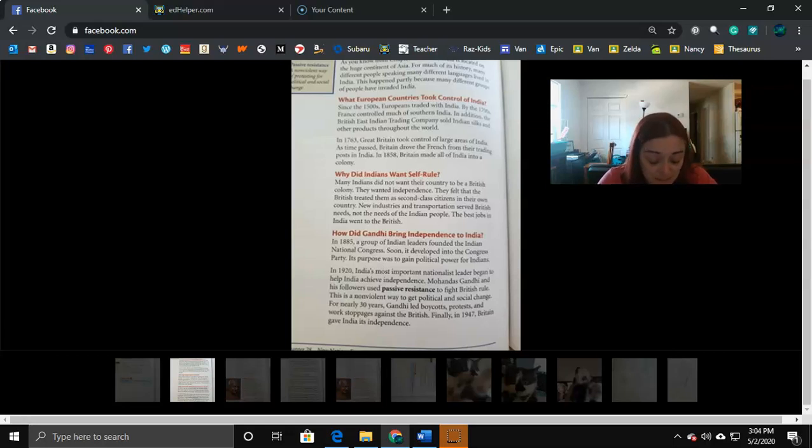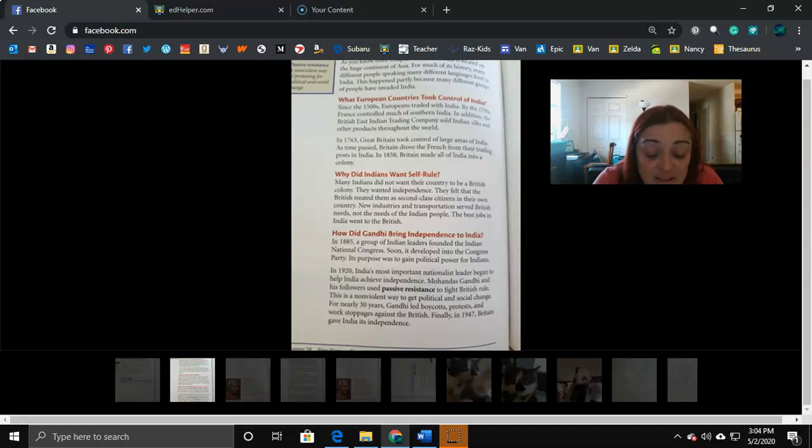How did Gandhi bring independence to India? In 1885, a group of Indian leaders founded the Indian National Congress. Soon it developed into the Congress Party. Its purpose was to gain political power for Indians. In 1920, India's most important nationalist leader began to help India achieve independence.